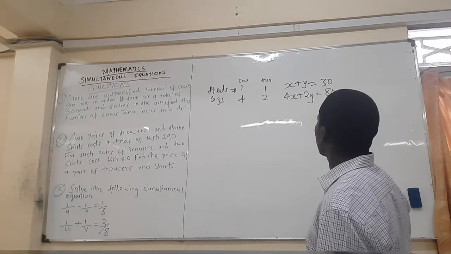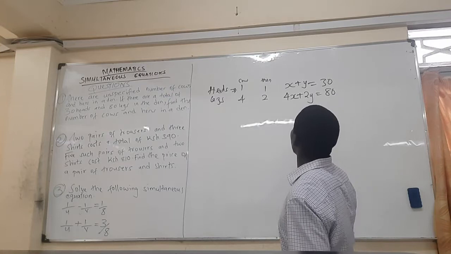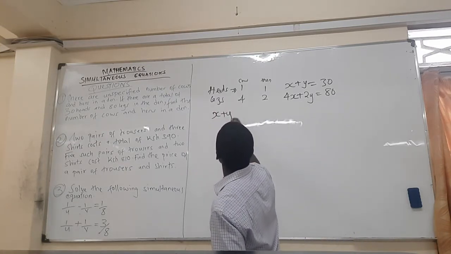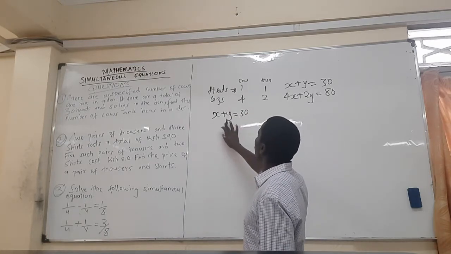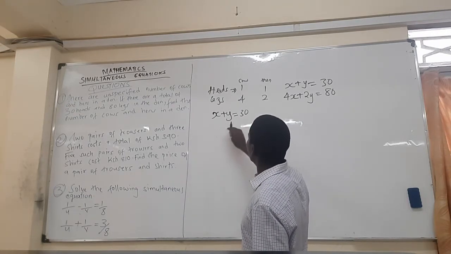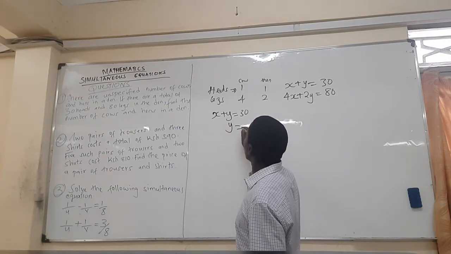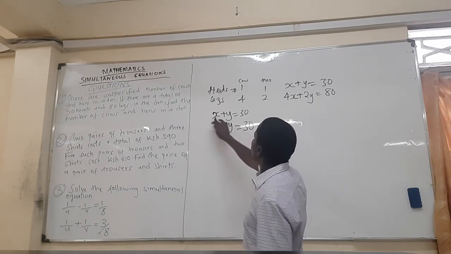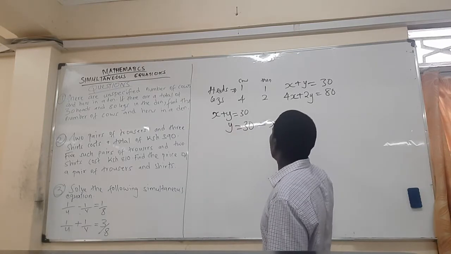We take one equation, like the first one, X plus Y equals 30, and make Y the subject of the formula in terms of X. So Y equals 30 minus X, because when X crosses the equal sign, it becomes minus.